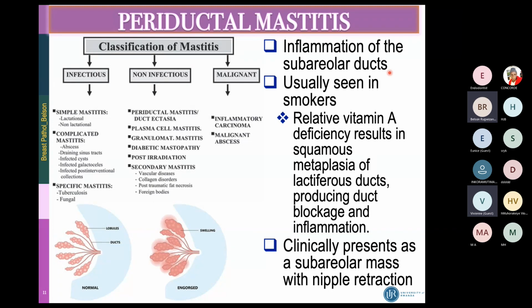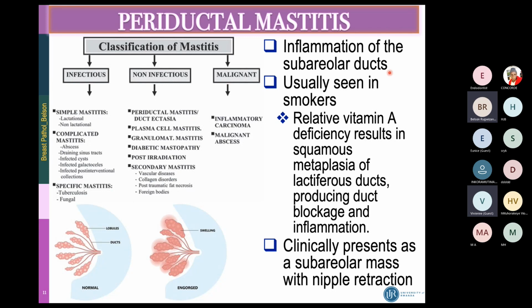We have surface cells, which are columnar, and then behind them we have the basal cells. But if these ducts become metaplastic and become lined by stratified squamous epithelium, we understand that stratified squamous epithelium is thicker than the pseudostratified columnar epithelium.